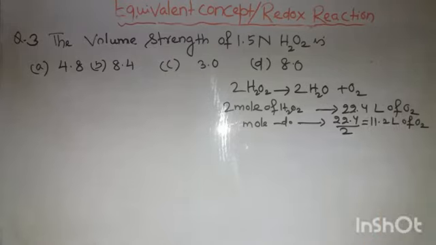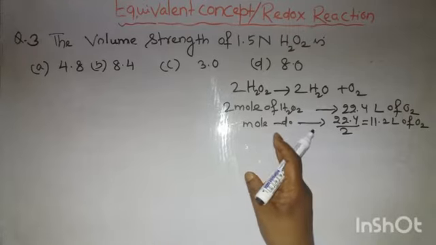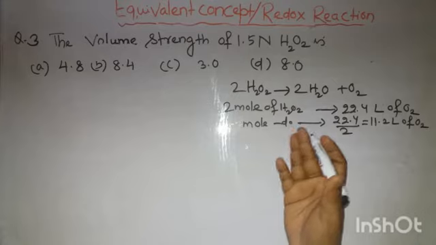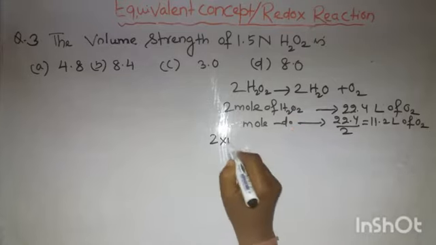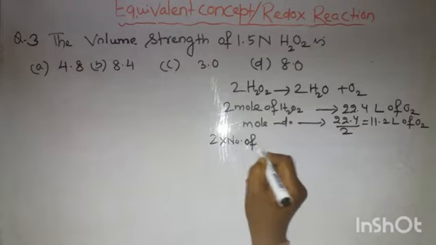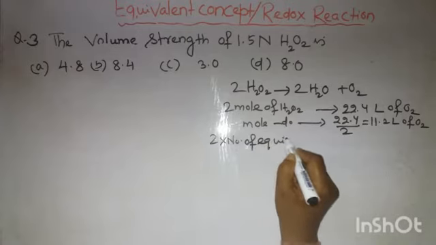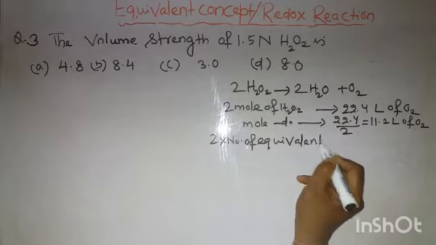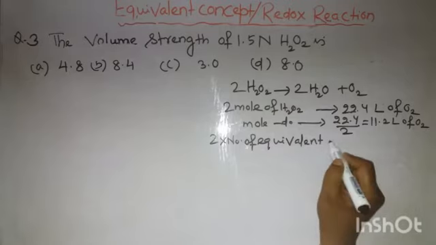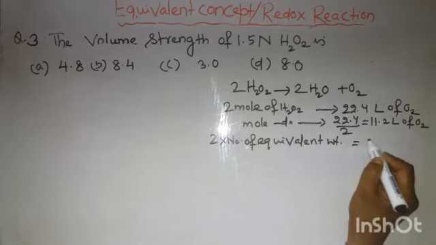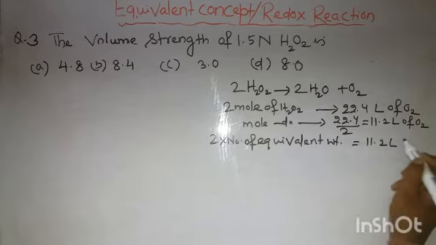This is the funda. And 1 mole of H2O2 is how many gram equivalents? H2O2 behaves like a dibasic acid, that means 2 equivalents, and 2 equivalents equal 11.2 liters of oxygen.